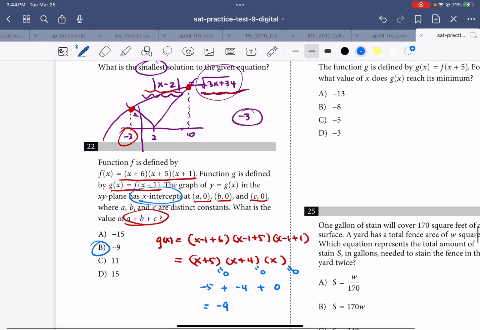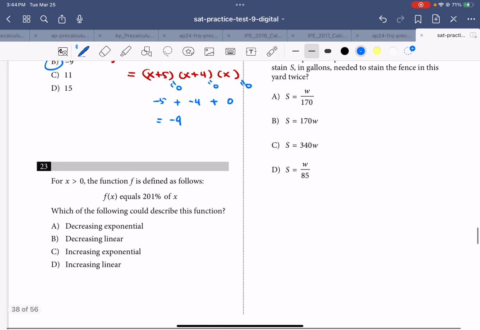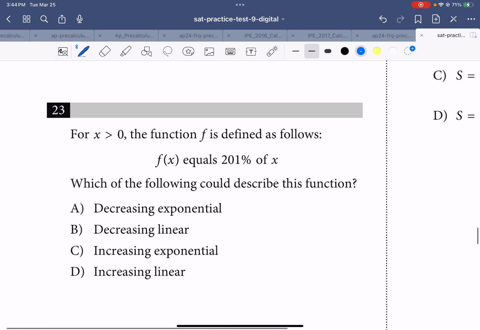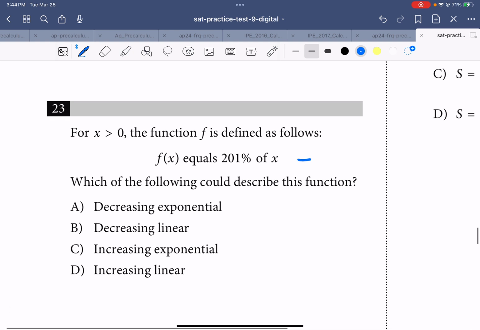Okay, let's move on. Number 23. For x greater than 0, the function f is defined as follows. If I read this one and write the equation, f of x equals 200 percent is 2, so 1 percent is 2.01. Over means multiplication, x.